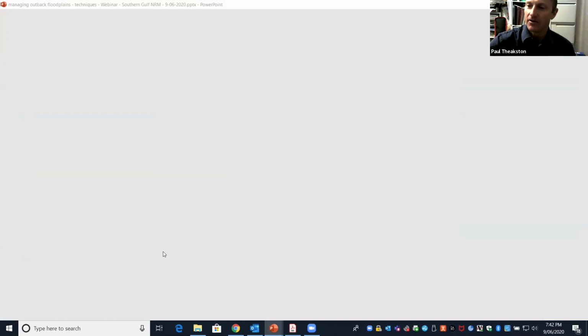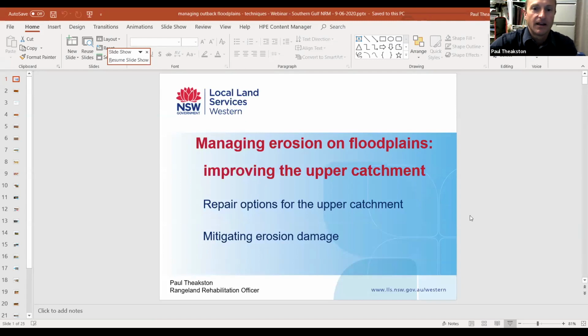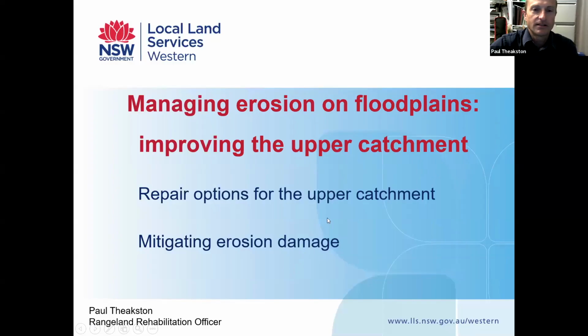Yeah, so I'm sort of following on from Hugh. There's a lot of overlap. So I'm looking at slowing the water that's going to the floodplain, maybe in the upper catchment areas. Yeah, so everyone can see that now.